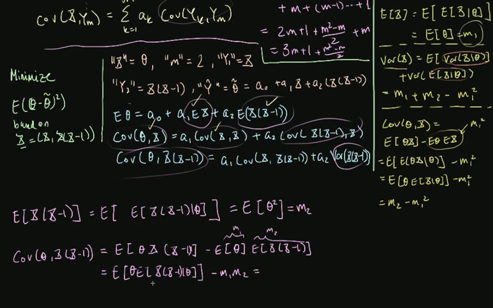So the inside is just theta squared because x given theta is Poisson distributed. So I have the mean value of theta to the third minus m1 m2, and this gives me m3 minus m1 m2. And then I have also calculated the covariance of theta and x multiplied by x minus 1.